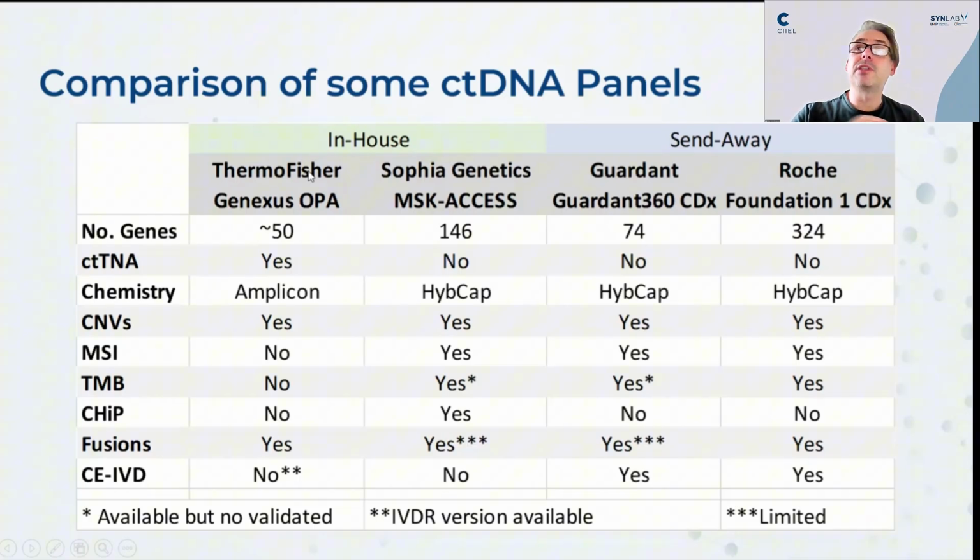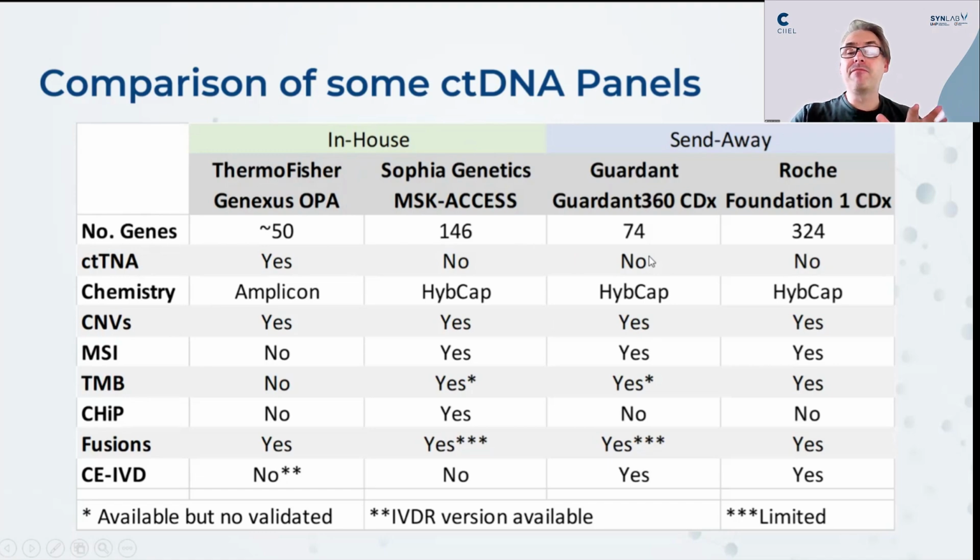We chose this because we use it for lung cancers, and it works from FFPE and from ctDNA. In fact, it's circulating tumor total nucleic acid, so that's a mix of DNA and RNA. The advantage is that you can then look at fusions in the RNA, whereas these other panels are all ctDNA.